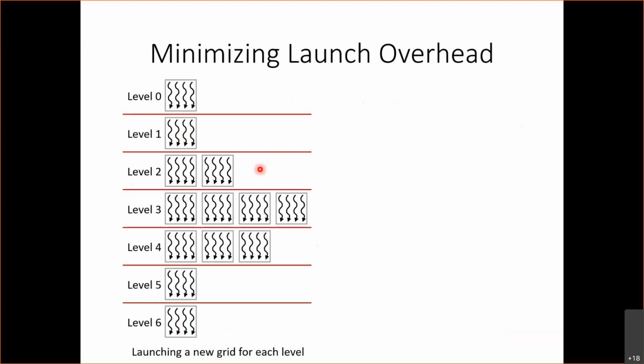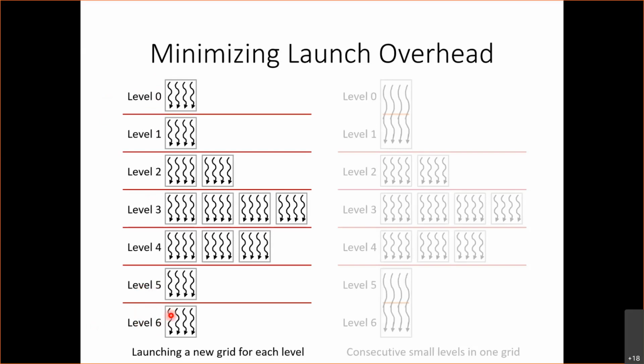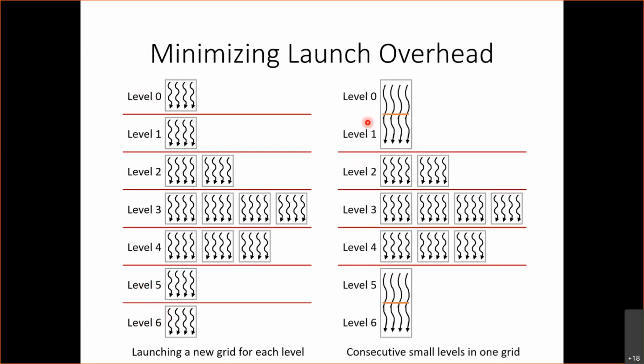Okay. So if in between two levels the number of vertices in the frontier is small enough that it can be processed by a single thread block, then rather than launching a grid for level 0 and a grid for level 1, or down here, a grid for level 5 and a separate grid for level 6, I can have one thread block process both level 0 and level 1 and use a __syncthreads to synchronize between them.